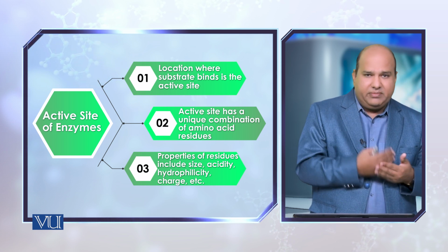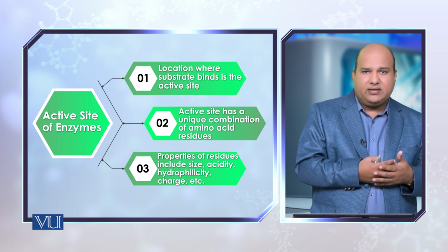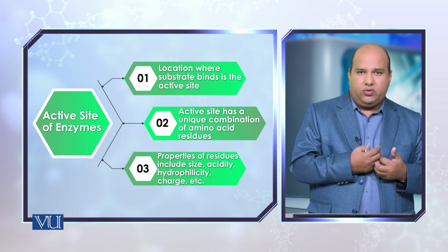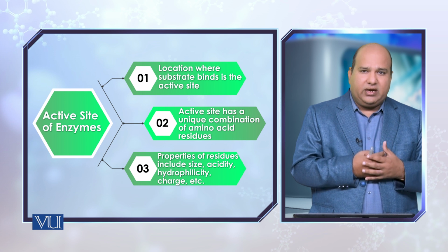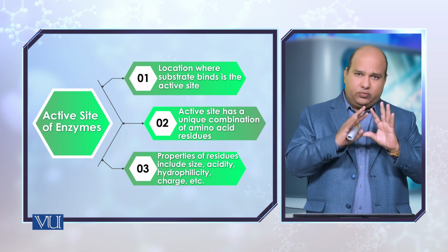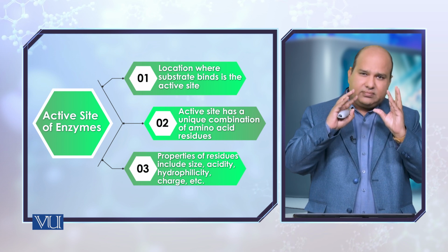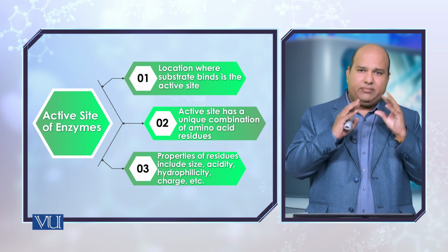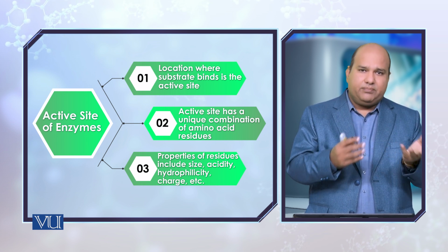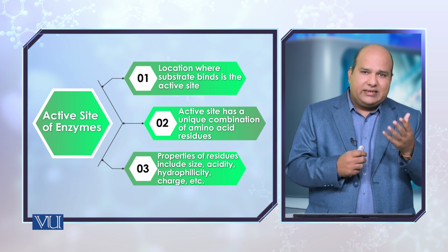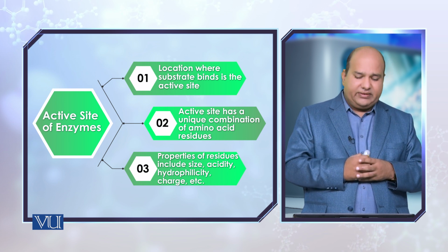These amino acids can be hydrophobic, hydrophilic, polar, non-polar, branched or unbranched, and so on and so forth. So, the overall functioning of the enzyme depends very much on the composition of the amino acids in this active site.